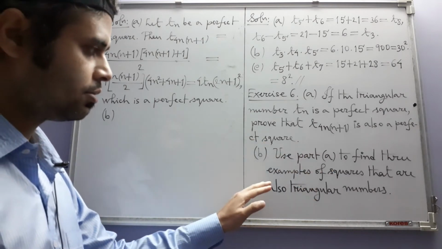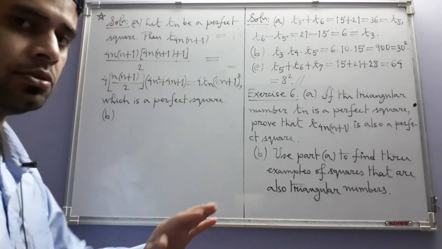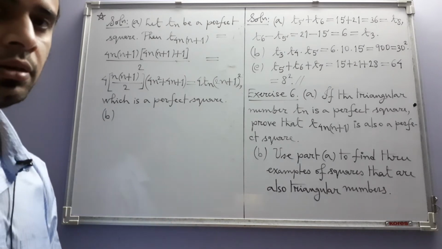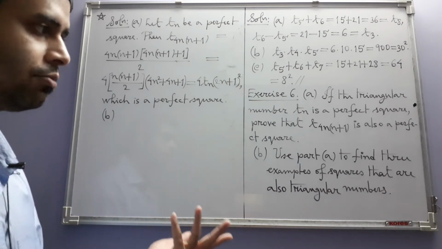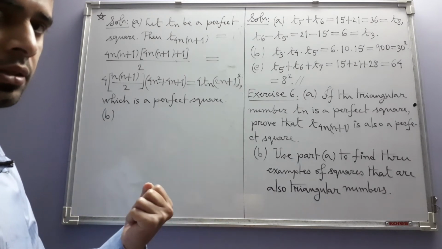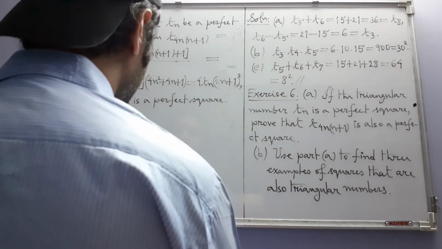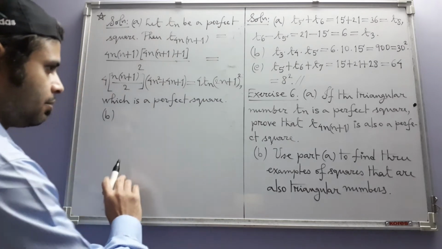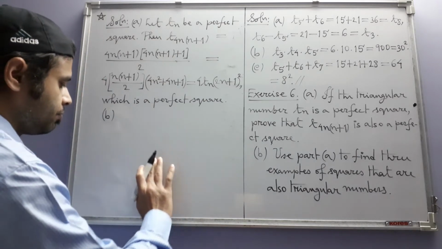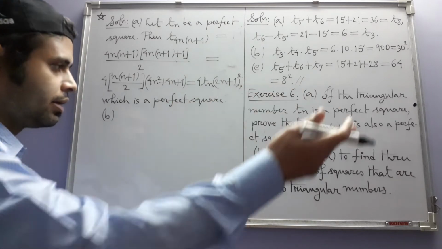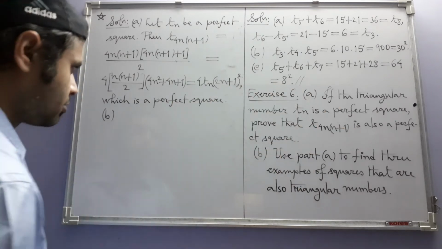It will ask you to show something, and then using that, some other parts are numerical in nature. You can then find things using that theoretical part. So this is one such exercise. Using one triangular number that is square, we can find more triangular numbers which are also squares.